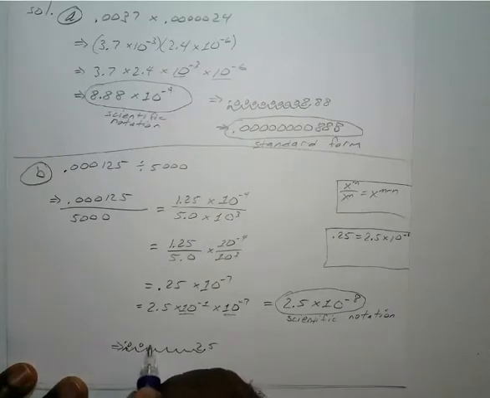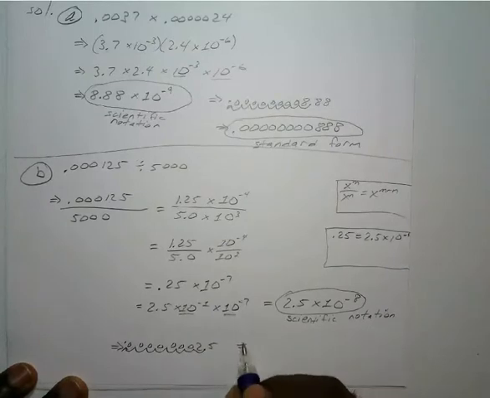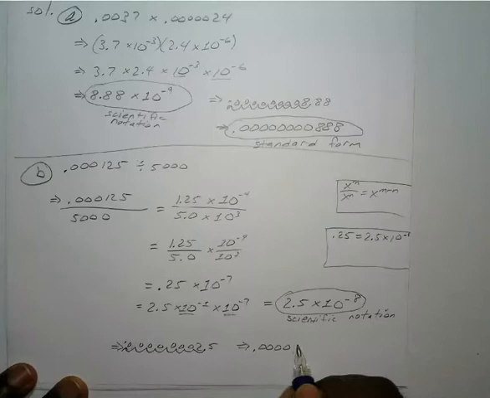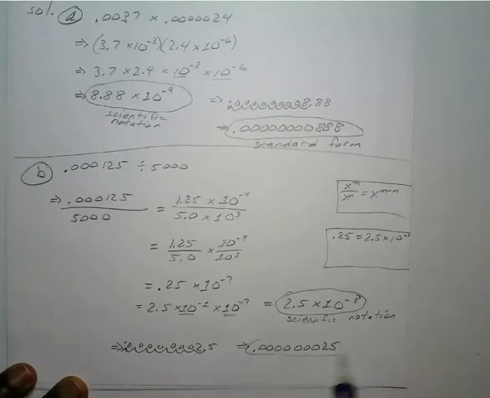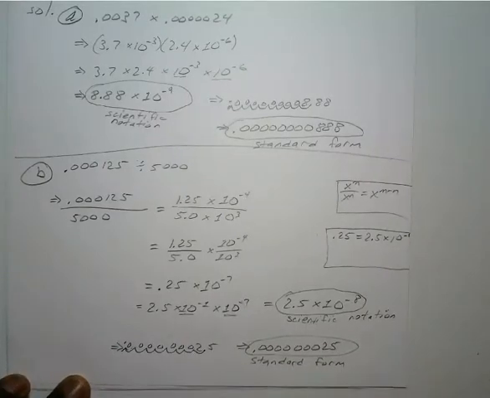And fill those in with zeros. So that gives us 0.00000025 in standard form. Okay, so we have both our scientific notation and our standard form.